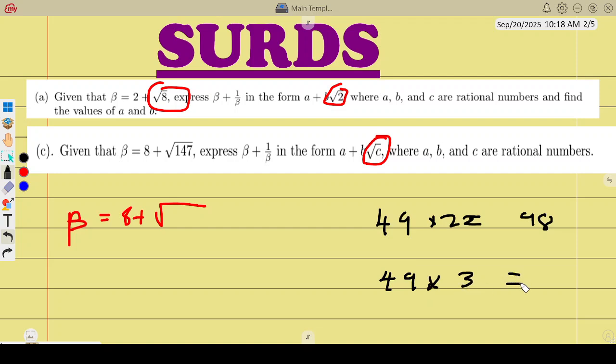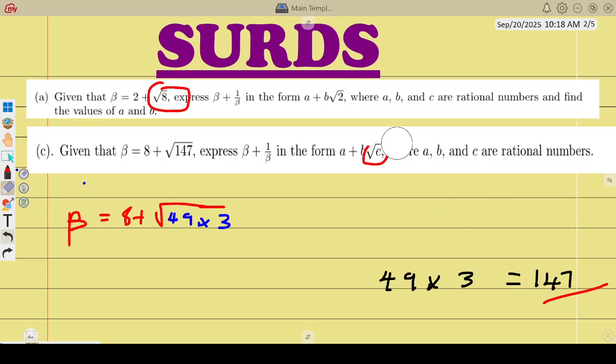You try 49 times 3, it's 147. You even sigh like, oh, finally. So meaning while there's 147, you can just write 49 times 3. Yeah, so you can write it like this.